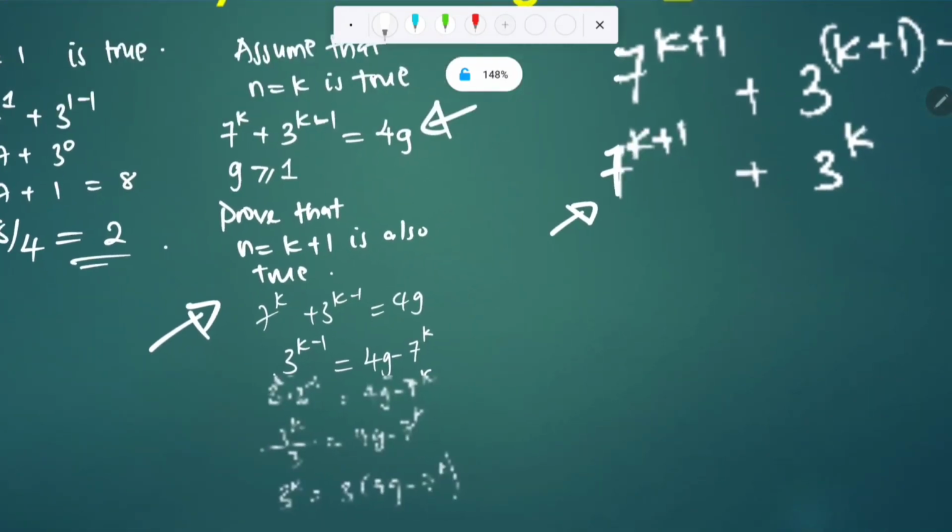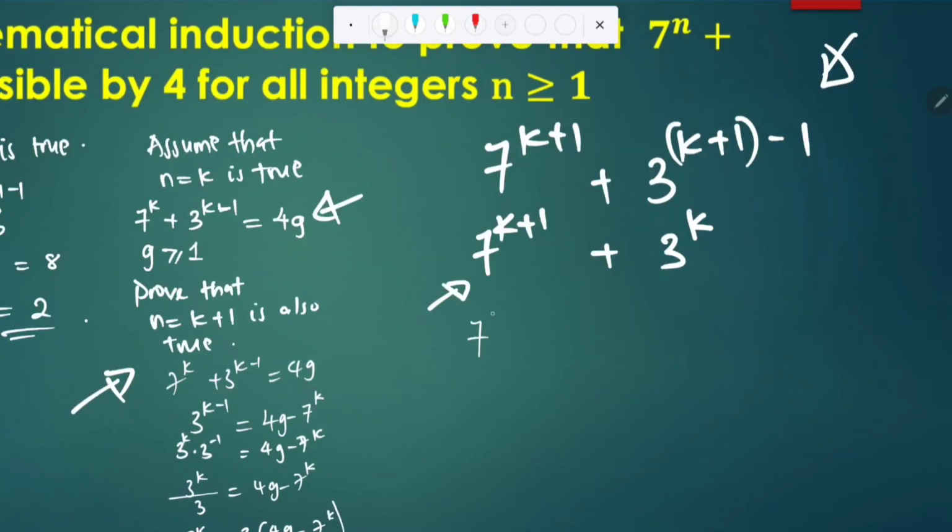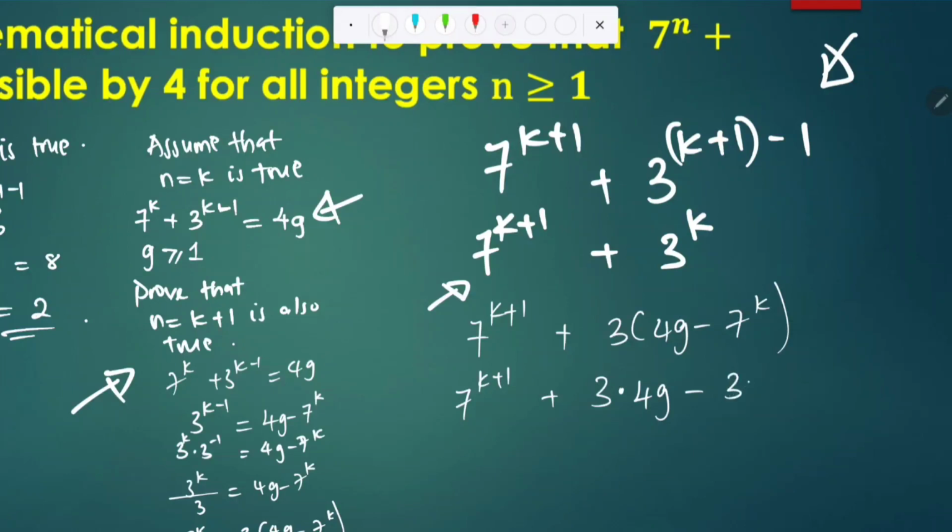Okay, now we're just going to go ahead and replace this in our expression. So this would be 7 to the power k plus 1 plus 3 times 4g minus 7 to the power k. Okay, so I'm just going to expand the brackets using the distributive property. So this will be 3 times 4g minus 3 times 7 to the power k.